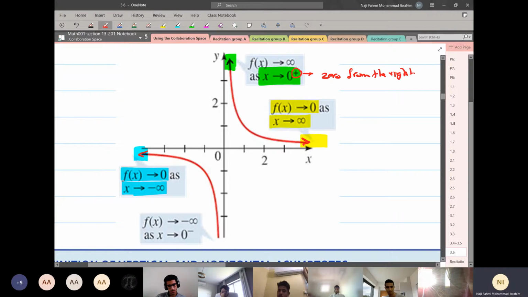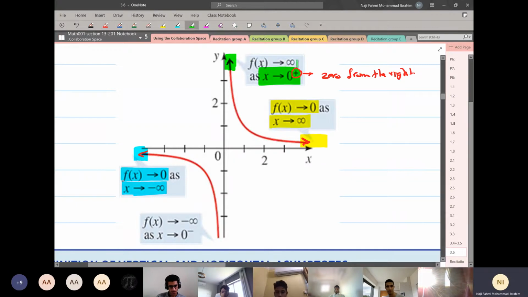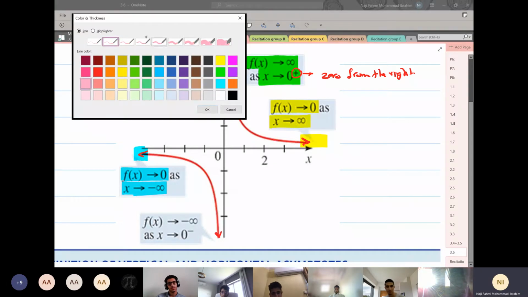And if x goes to 0 from the right, where is the function going to? To infinity. If we go now to the last piece below, in the last piece below here, where is the value of x going to? The value of x.